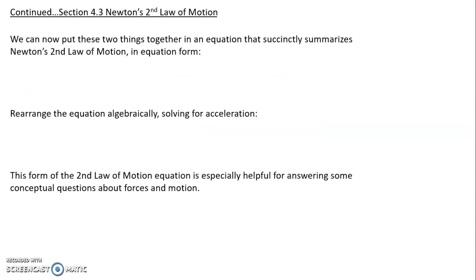Now, we can put these two things together into equation form. F net equals mass times acceleration. We can also divide both sides by the mass, and so we can also say acceleration equals net force divided by mass. And this particular form right here is really useful if you're answering any conceptual questions.